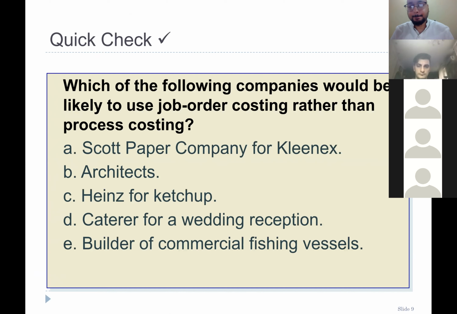Sipade. It can have more than one answer, right? It can have more than one answer. Well, definitely B and D. B and D, D for dog, right? Yeah, architects and caterers. Okay. Chandra?